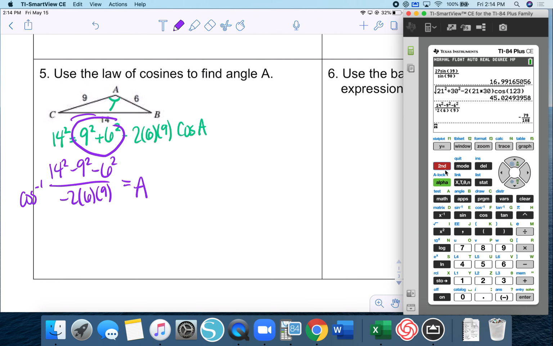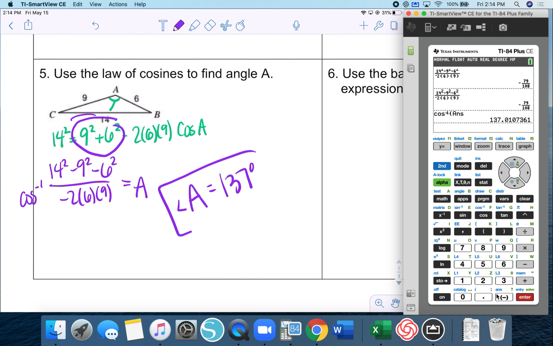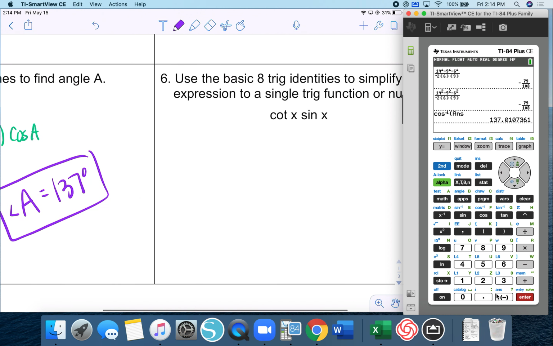Cosine inverse of the answer. So sorry. So angle A is 137 degrees.